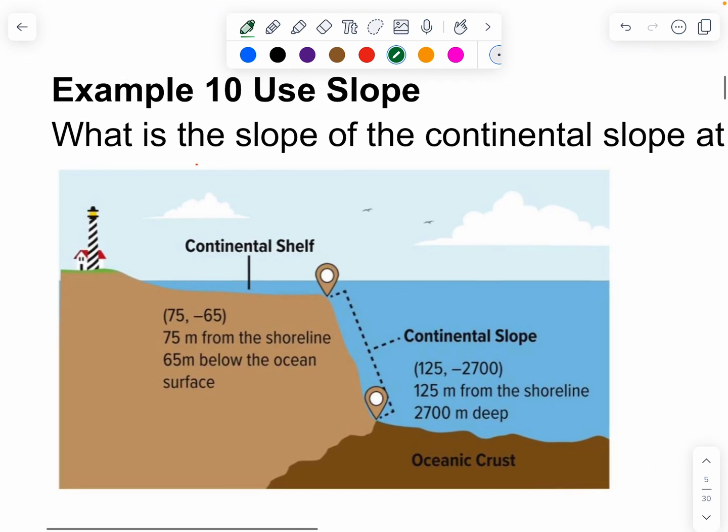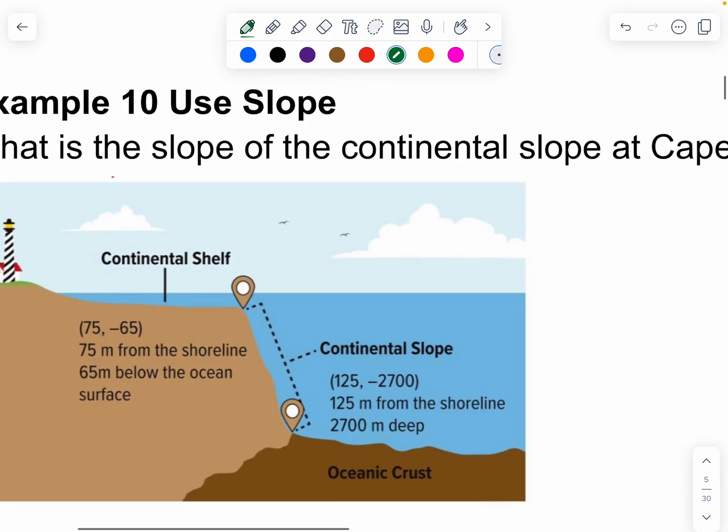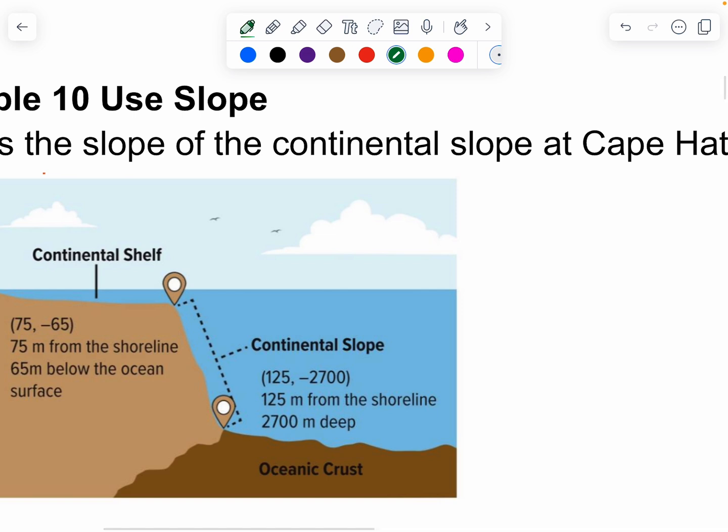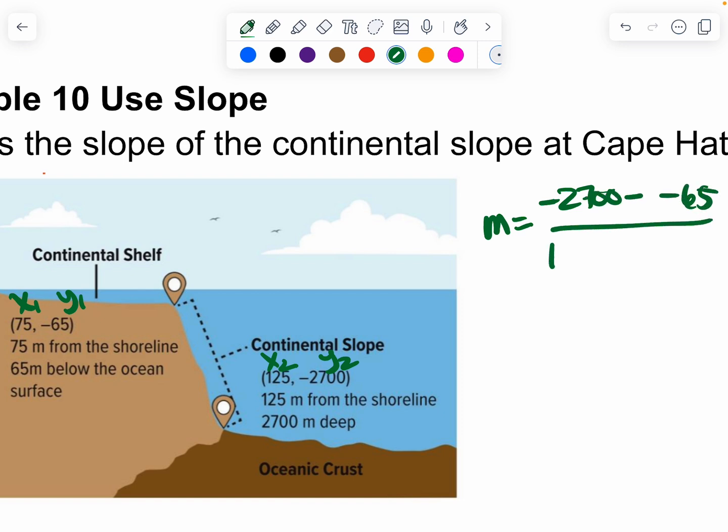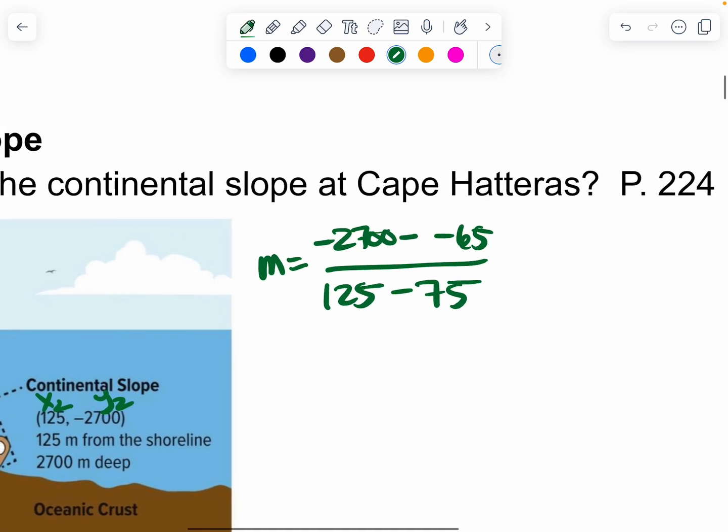Okay, so if I'm looking at this right here, what's the slope? So x1, y1, x2, y2. So slope equals negative 2700 minus negative 65 over 125 minus 75.